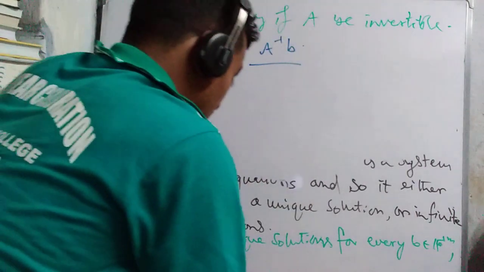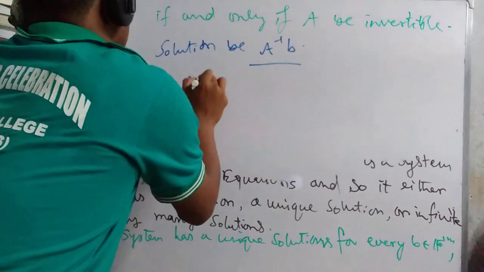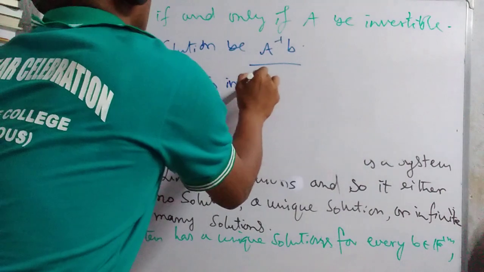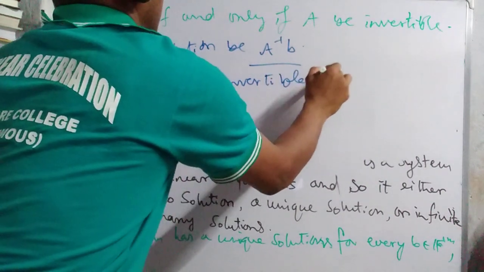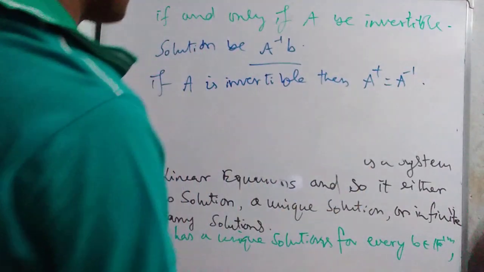If A is invertible, then A dagger equal to A inverse. We know about that.